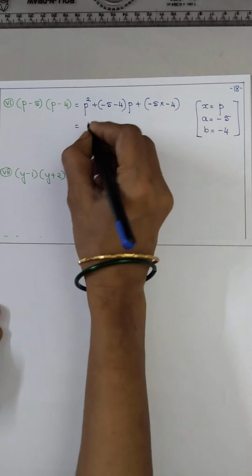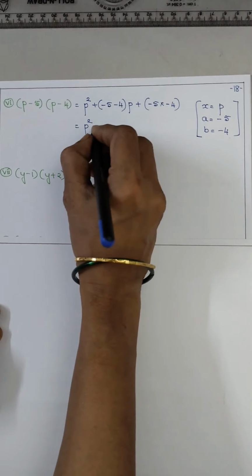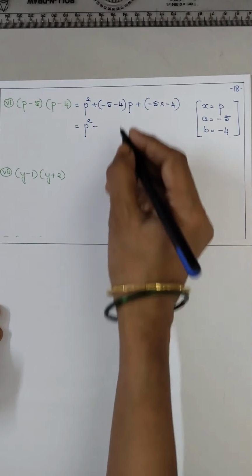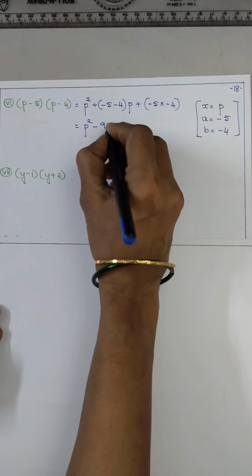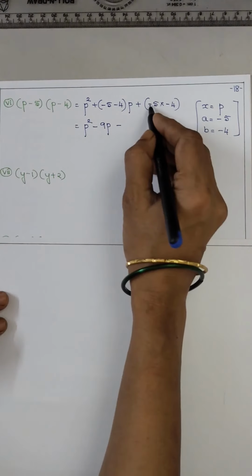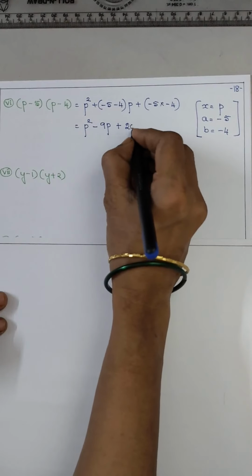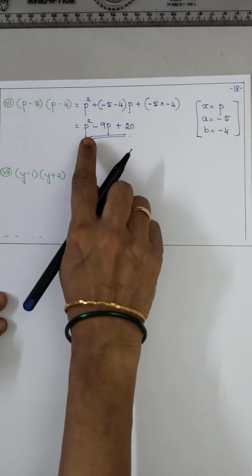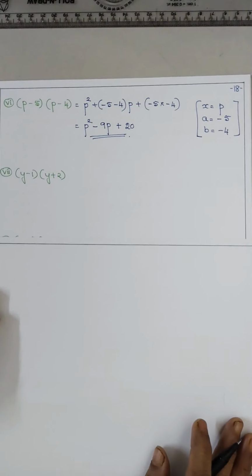So it will be p². Same sign, so add, but put minus sign. 5 plus 4 is 9 into p. Sorry, same sign, so plus, 5 4s are 20. So you got the answer p² − 9p + 20.